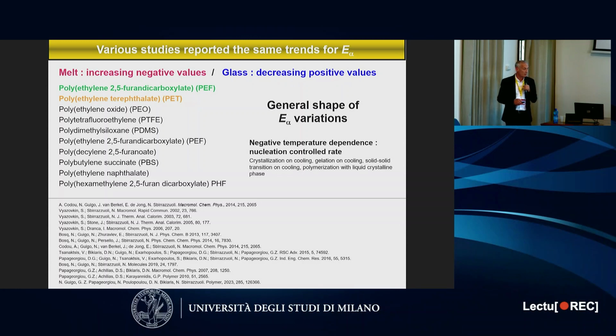And finally, we have found an explanation. In fact, each time you have this negative apparent value, it means that the process is controlled by nucleation. So that's why we have observed this for crystallization on cooling, but also for gelation on cooling, for solid-solid transition on cooling, and for polymerization with formation of a liquid crystalline phase.